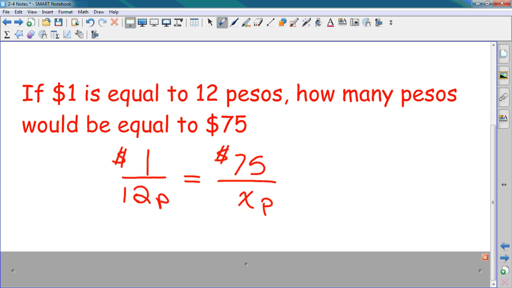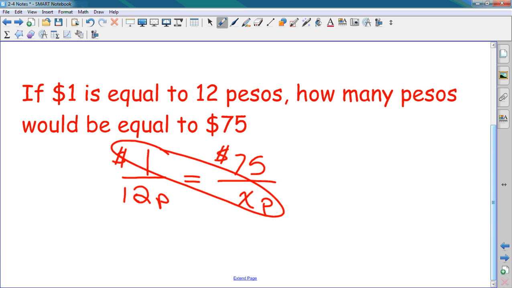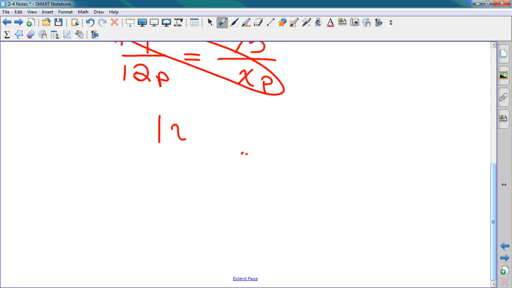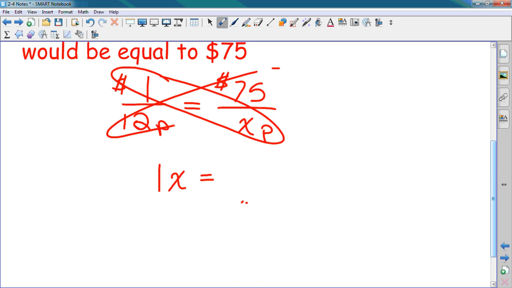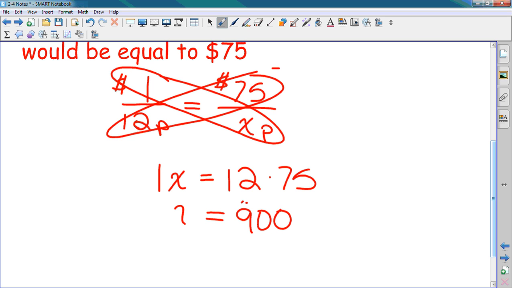And then we can cross multiply. So I have 1 times X equals 12 times 75. What is 12 times 75? 900. So X equals 900 pesos.